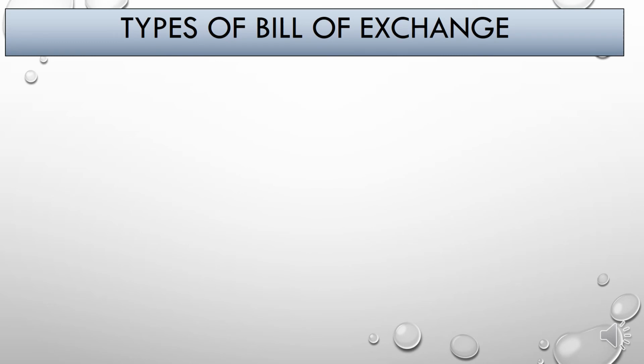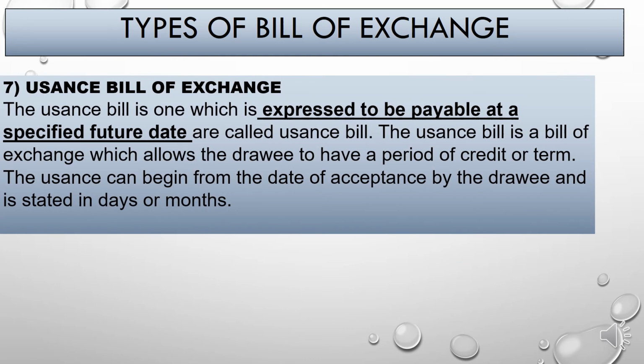Moving ahead, the next point is usance bill of exchange. In case of a usance bill of exchange, which is expressed to be payable at a specified future date, the credit or the specific term is mentioned.